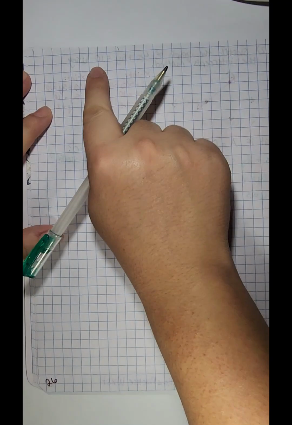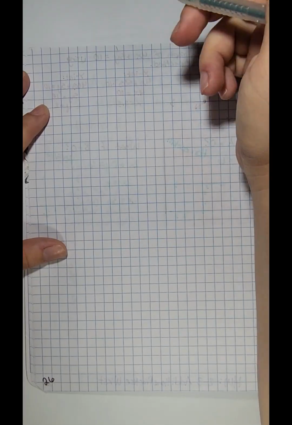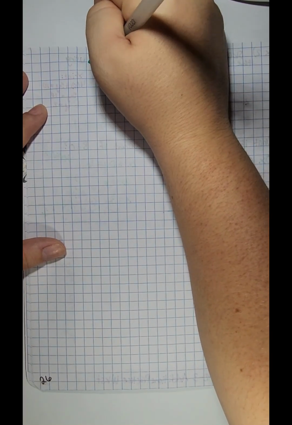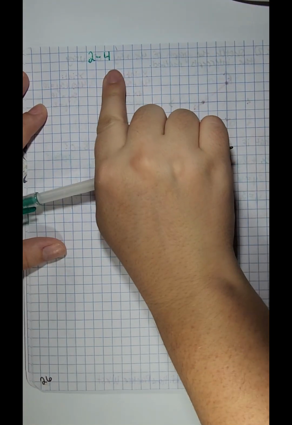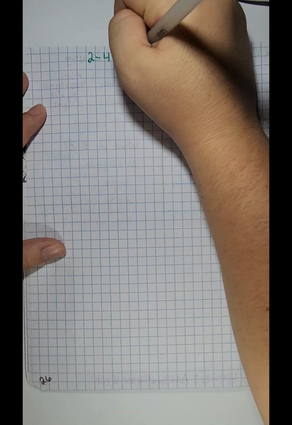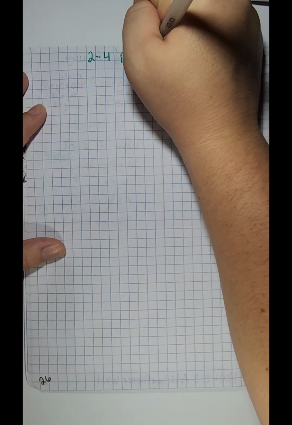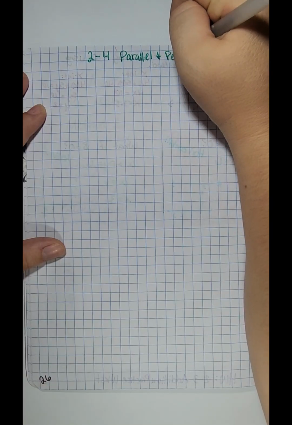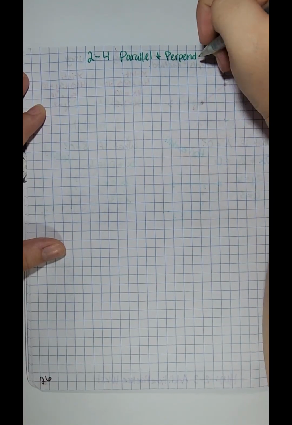So right up here, we're going to write our unit dash section, so Unit 2, Section 4, and the title of this is Parallel and Perpendicular Lines.